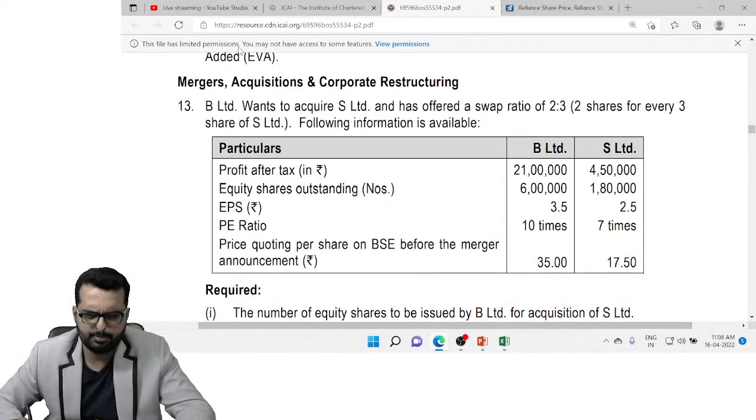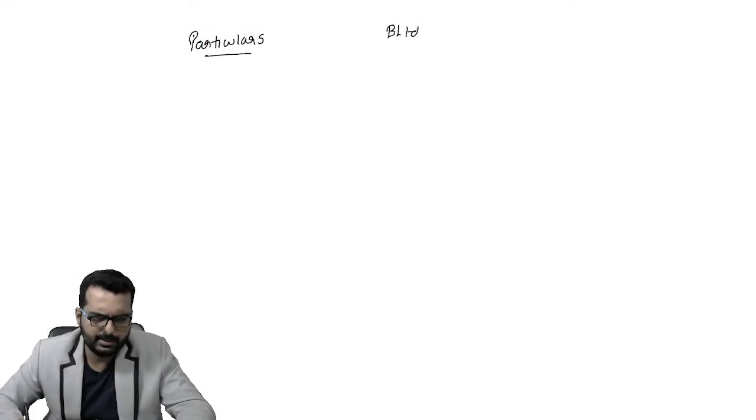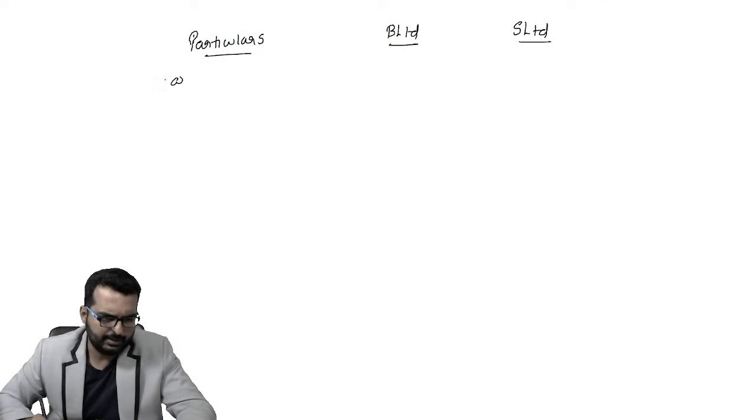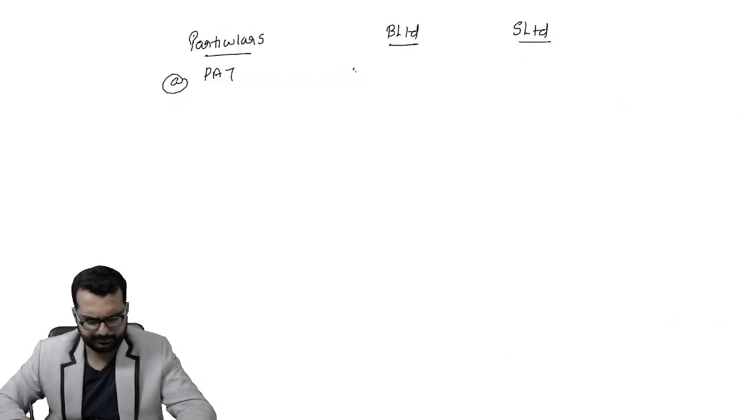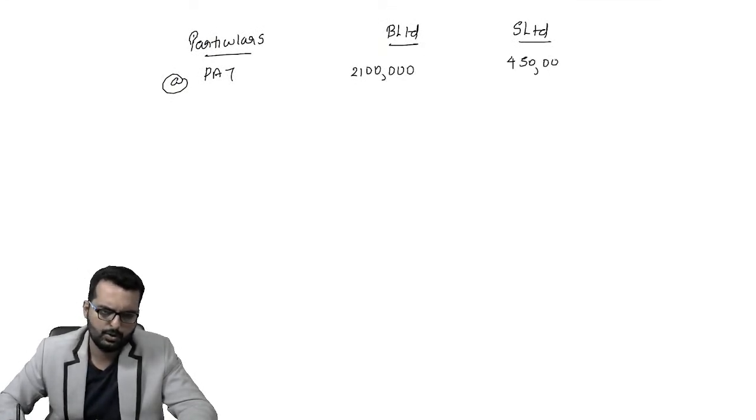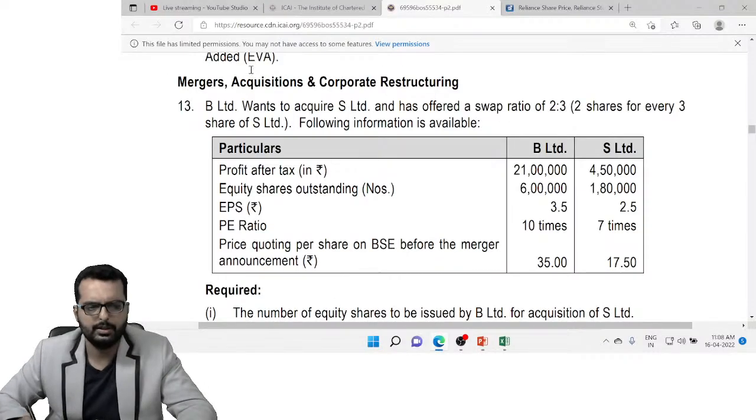B Limited, and then you have S Limited. They have given the profit after tax: 21 lakh, 4 lakh 50,000.